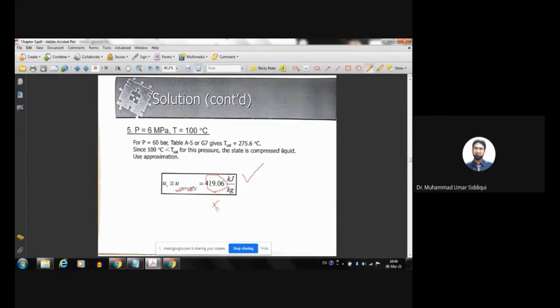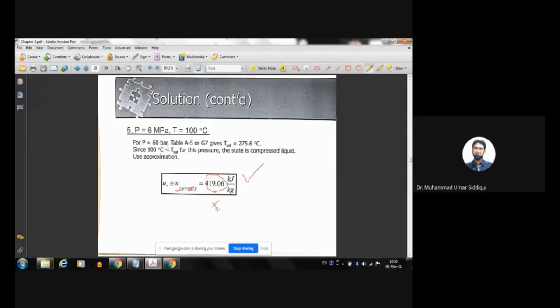So we don't need to go into the compressed liquid table. We can just directly take the value from the saturation table, but we have to ignore the pressure. Take the value corresponding to the temperature, get the F values, whether it is UF, VF, SF, HF, and those F values would be considered as the correct value for the compressed liquid.